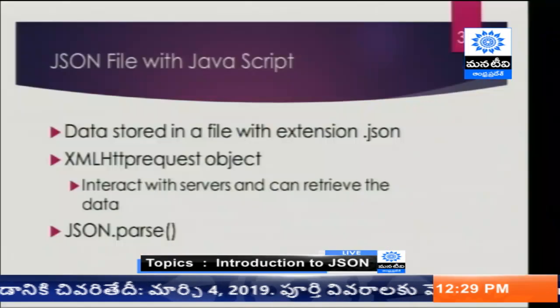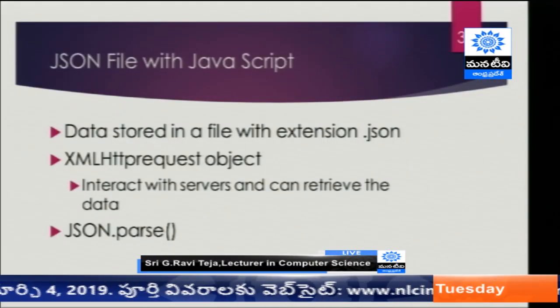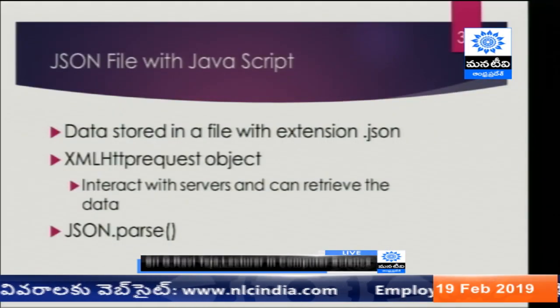Let us take another example where we can access a JSON file in our JavaScript. We can store the data in a separate file on our data storage, that means on our hard disk. We have to store the data with a .json extension, that is compulsory. It can also access other types of files, but storing a .json file gives one more flexibility, I will show you later.